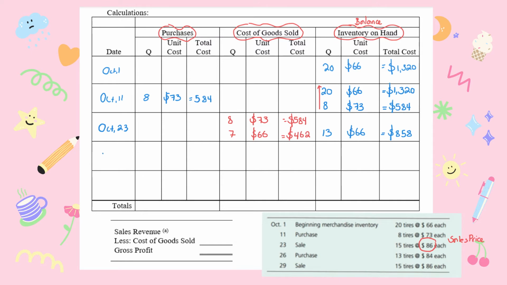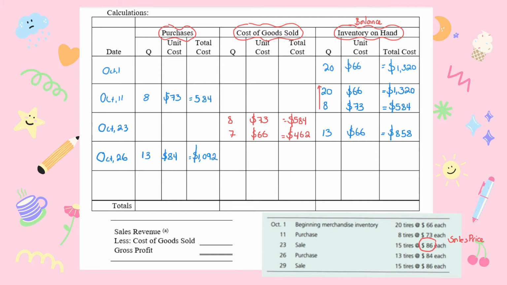On October 26th, purchase 13 units at 84. So under purchases, I'm gonna write 13 at 84 each. So it's gonna be 1,092.